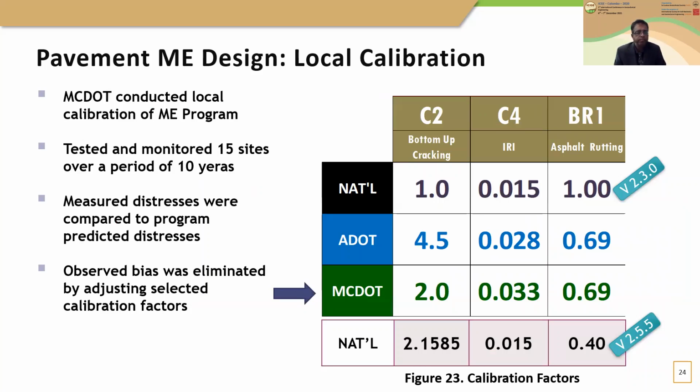Local calibration. MCDOT performed local calibration using 15 roadway projects. The measured data were compared to predicted data and observed bias was eliminated by adjusting selected calibration factors. Figure 23 shows MCDOT calibration factors along with ADOT and national factors.